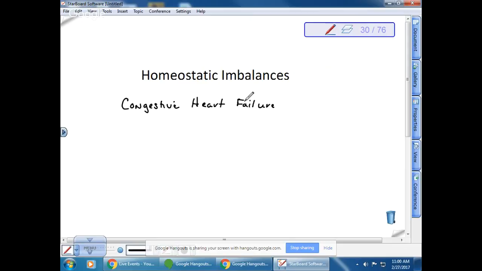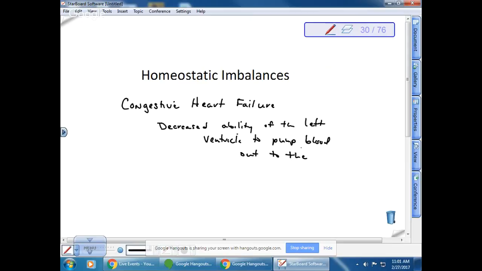One factor is that you can have a decreased ability of the left ventricle to pump blood out to the body.